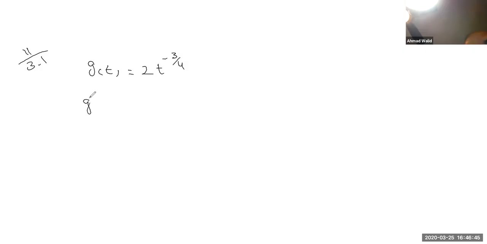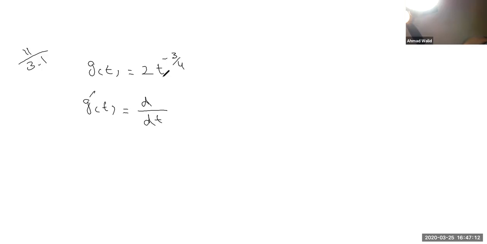Then I apply the power and constant rule here. Then I can say g prime t equals, should I write d over dx or should I write d over dt? It's important, whatever your variable is, you take the derivative of the function in respect to your variable. My variable is t, then I will write d over dt, not always d over dx, right?